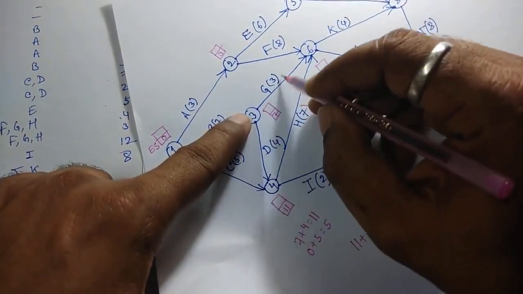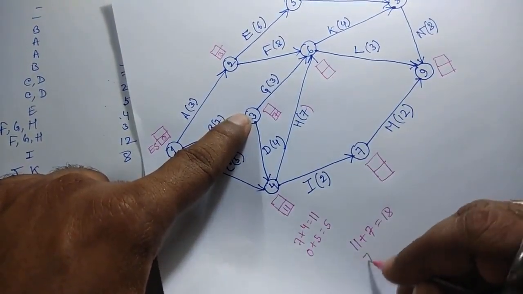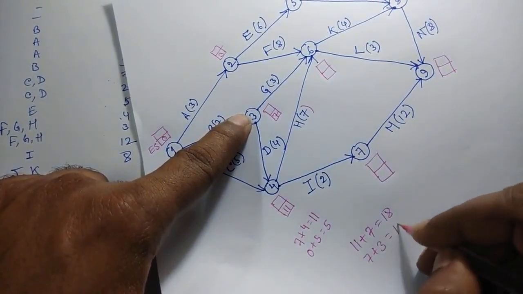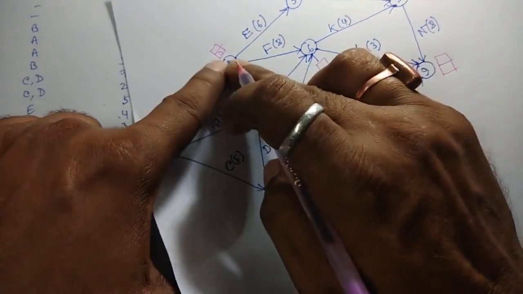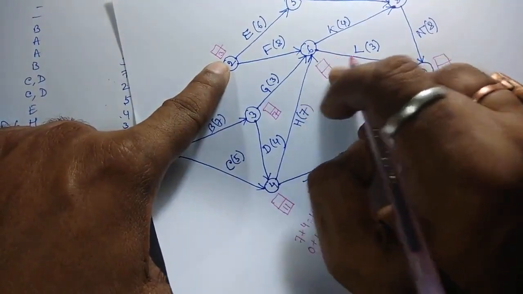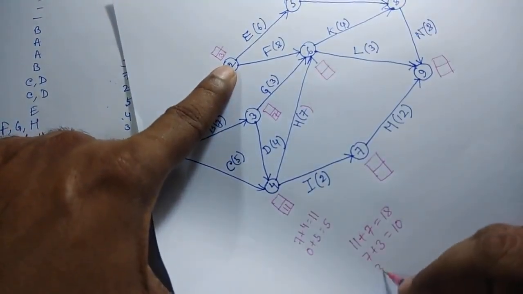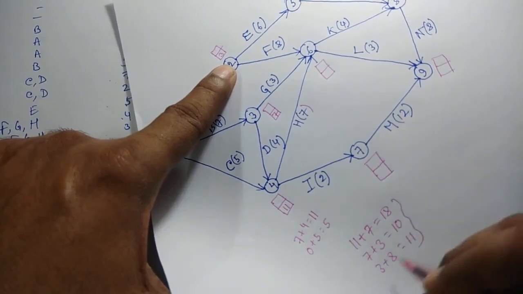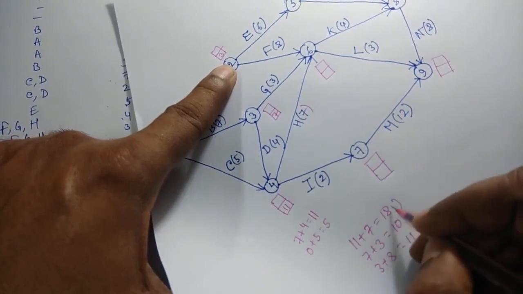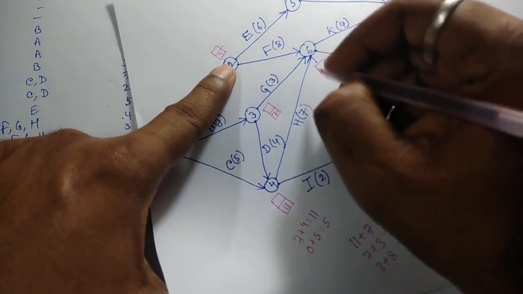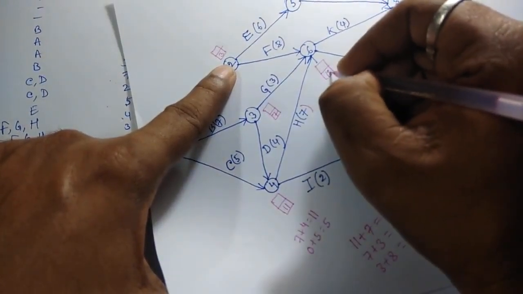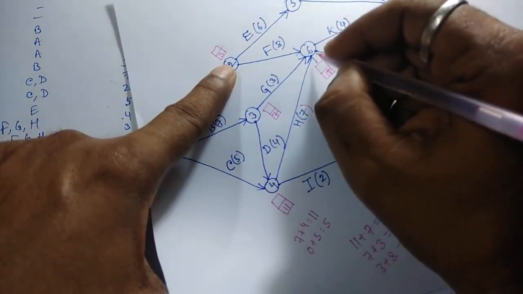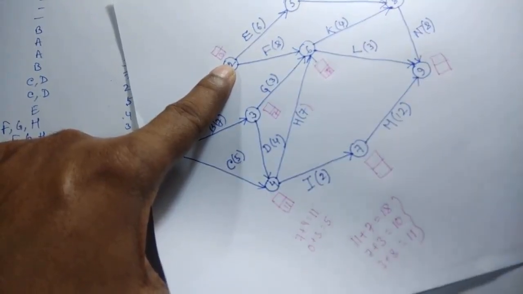Next, this path, 7 plus 3 equals 10. And this path, 3 plus 8 equals 11. So consider the highest value, that is 18. So 18 will be the earliest start time for node 6.